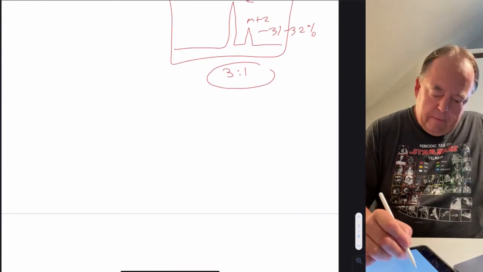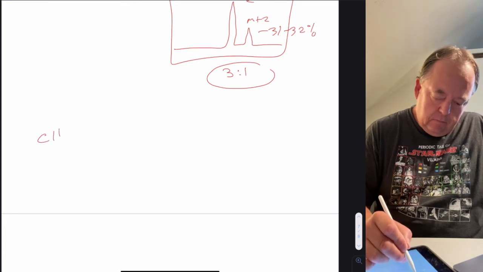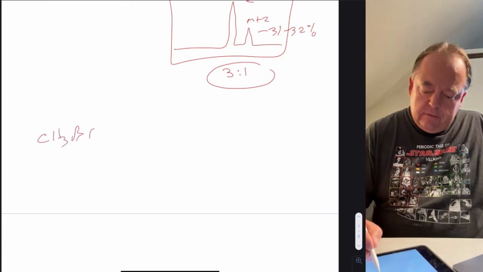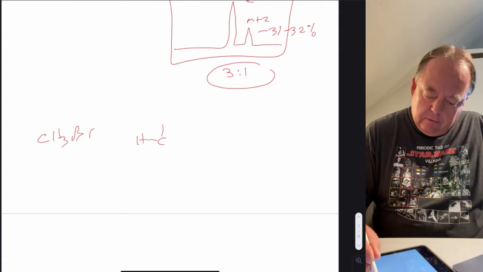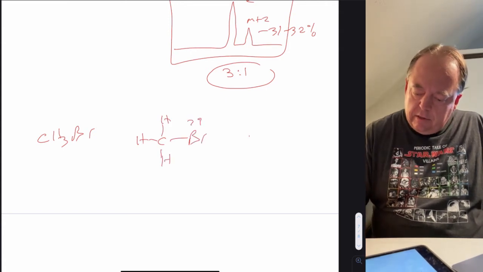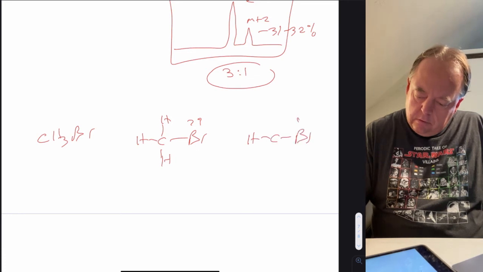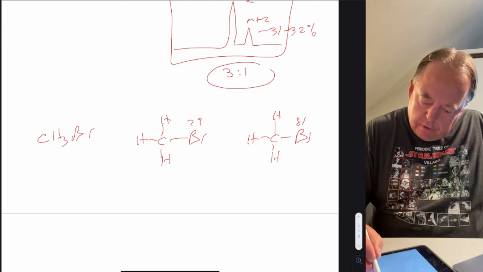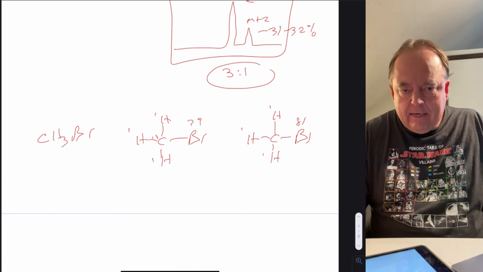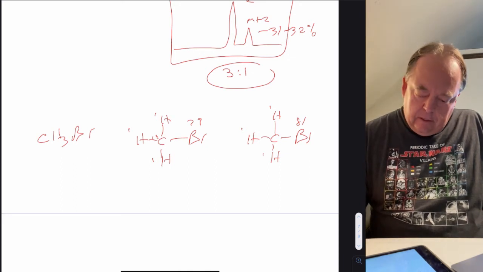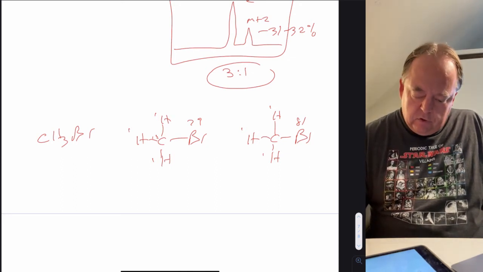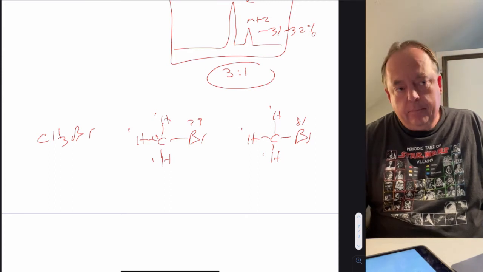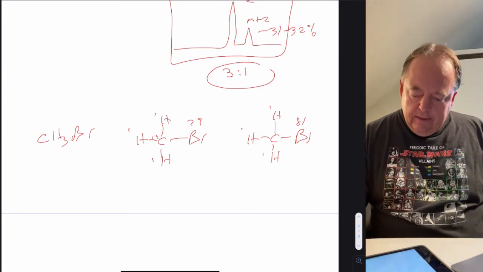Okay, so what if you had bromine in a molecule? Well, bromine comes as 2 isotopes in nature. So you can have a bromine 79 in your molecule, or a bromine 81. If we did the math with H1 and carbon 12, hydrogen's about 99.9% in nature, and carbon 12 is about 98.9% in nature.